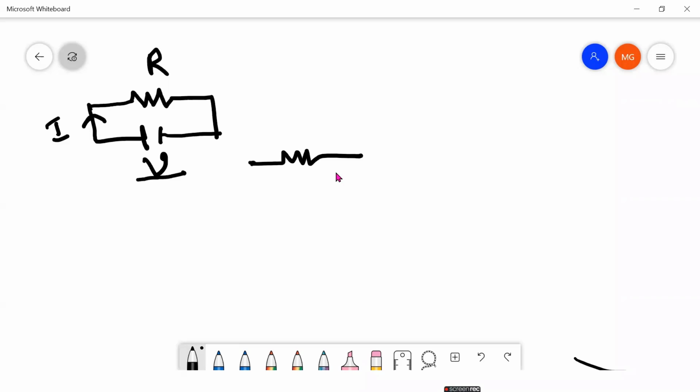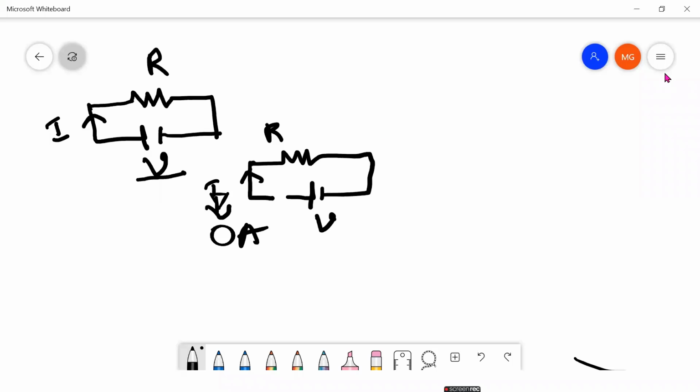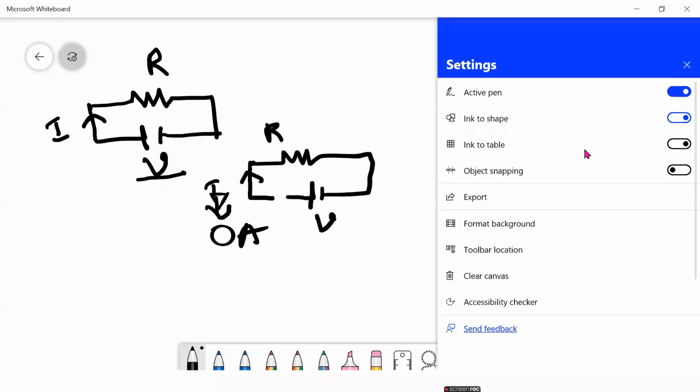The same circuit, same resistor R, a voltage V, a current I. The difference between these two is that here the current in this case is 0 amps.